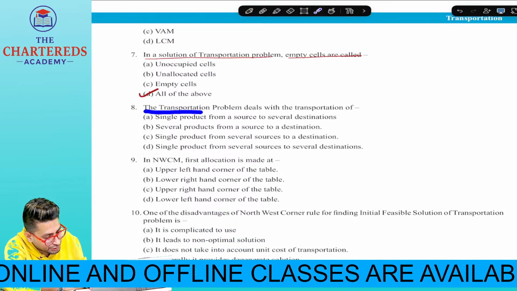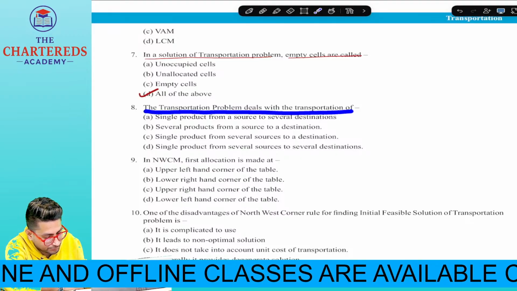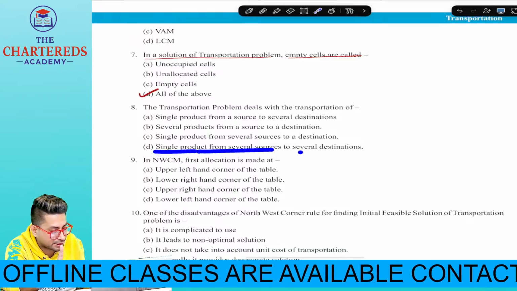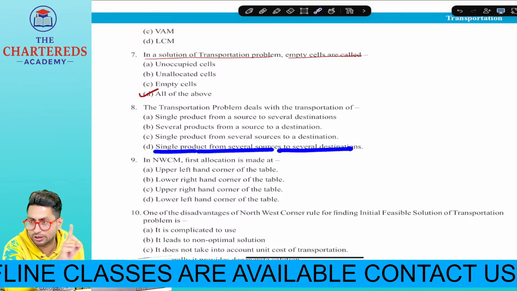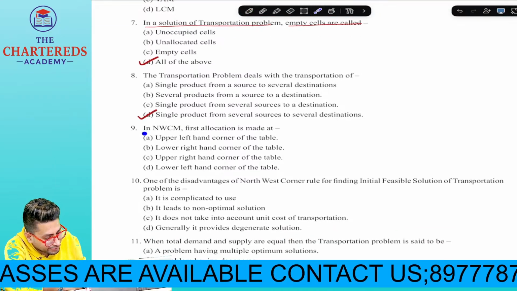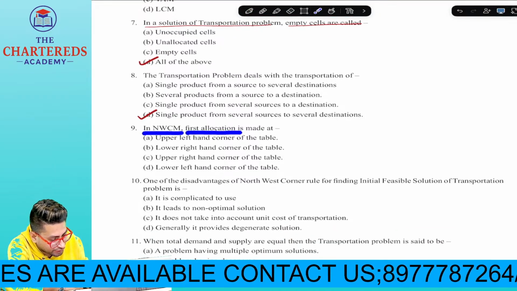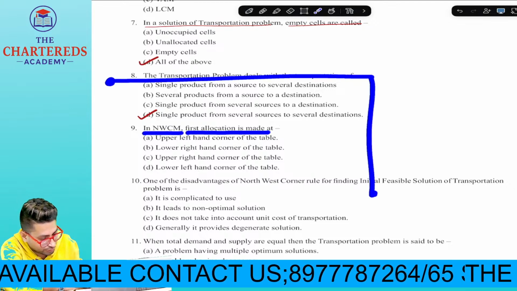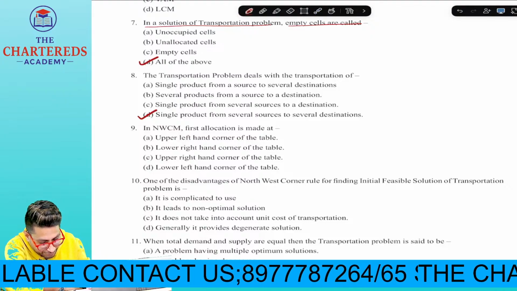The transportation problem deals with transportation of what? One product only from several factories to several destinations. So the answer is D. In the northwest corner method, the first allocation is made at the upper left corner. So the answer is A.